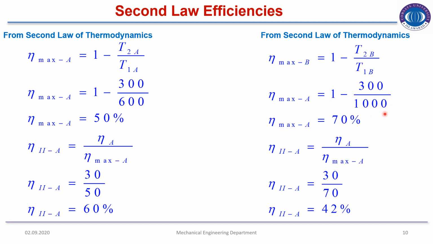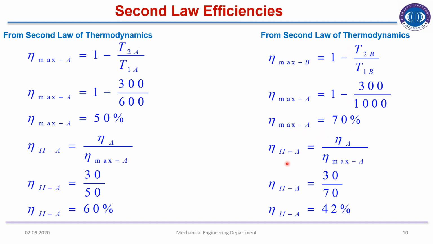So here TH is 1000; for heat engine A the temperature of the source is 600, and in heat engine B the temperature of the source is 1000. So the maximum thermal efficiency for the reversible engine is 70%. That's how we have calculated it.